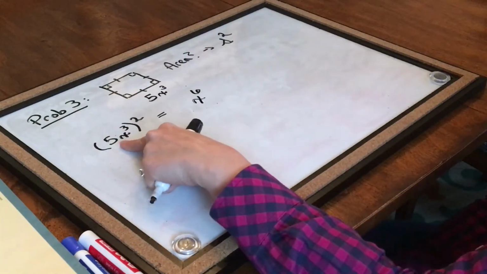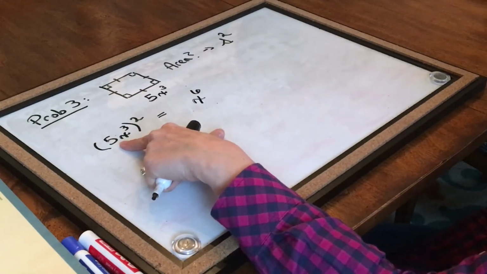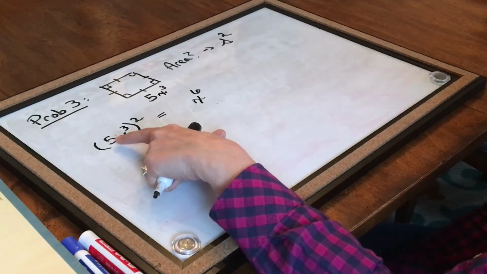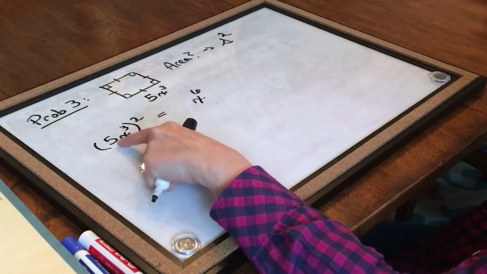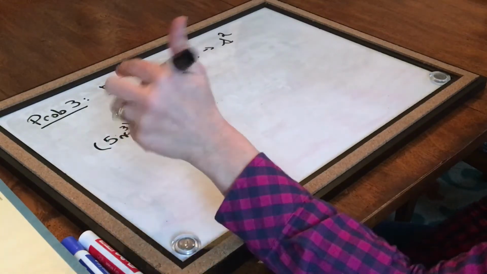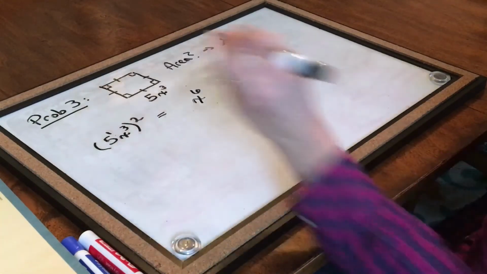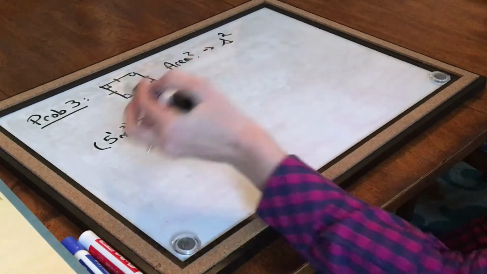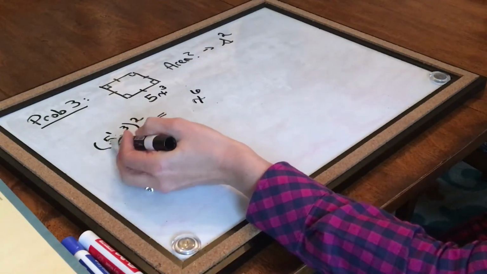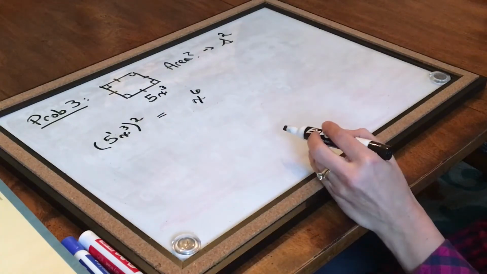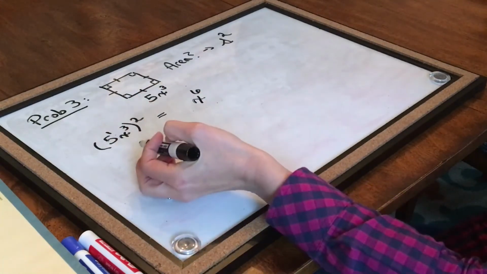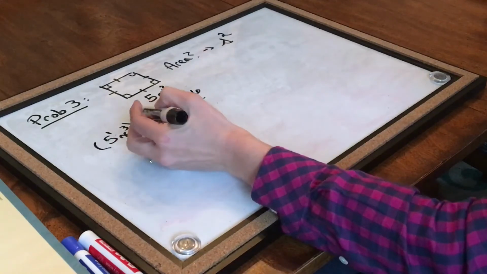But a lot of people aren't sure what to do with this 5. And frankly, we have to square this 5 as well. Because remember, this 5 or this coefficient is the same as 5 to the first power. So I have to square everything in this whole parentheses and I have to multiply by 2. So if this is 5 to the first power, 1 times 2 is 2.